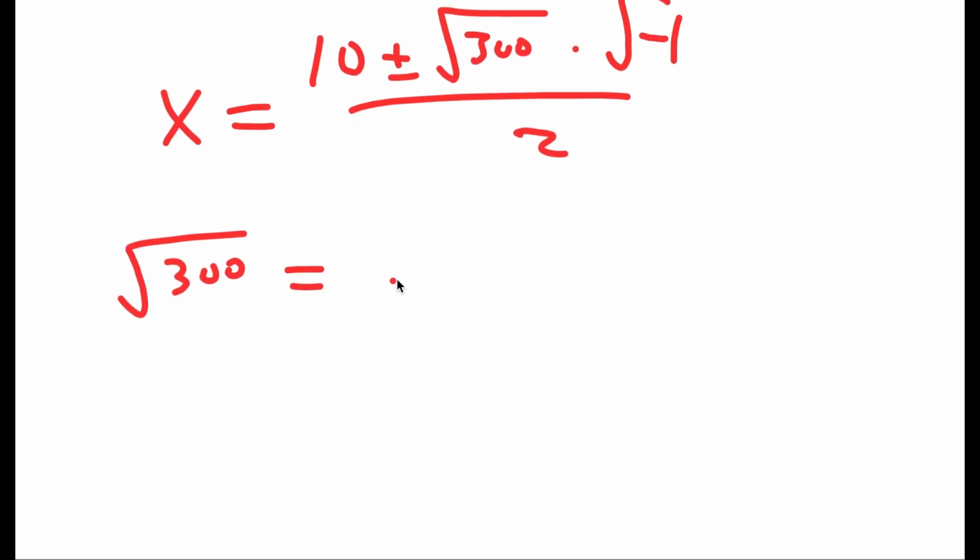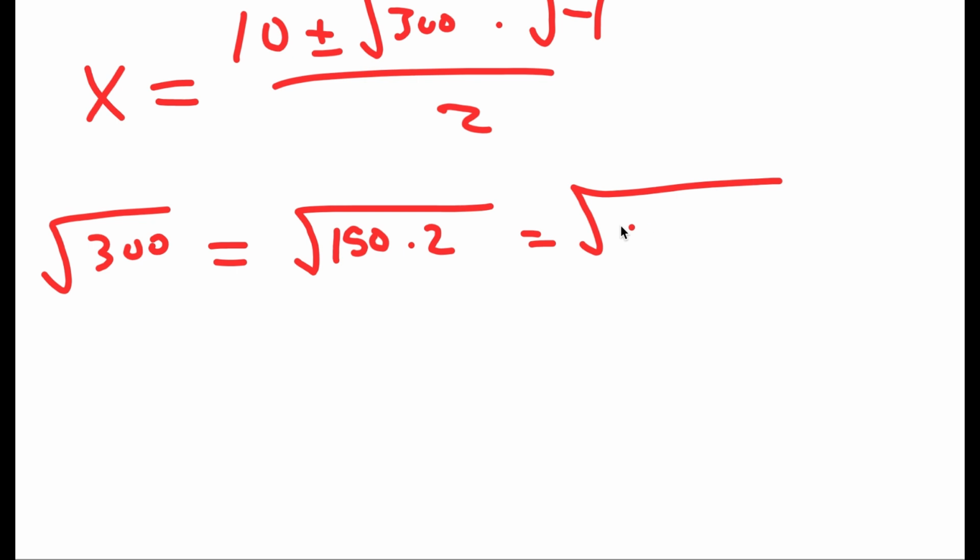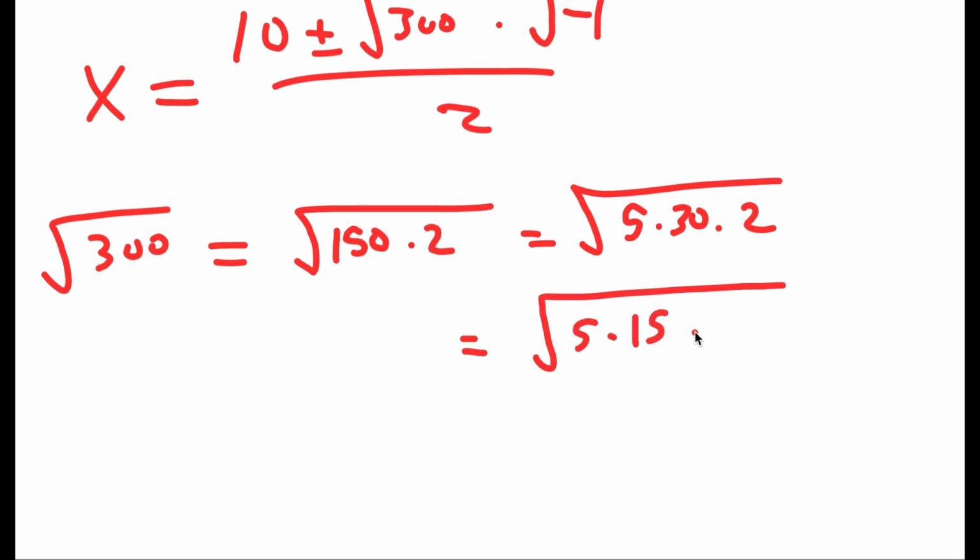So the square root of 300 is equal to the square root of 150 times 2. And that's equal to the square root of 5 times 30 times 2, which is equal to the square root of 5 times 15 times 2 times 2.